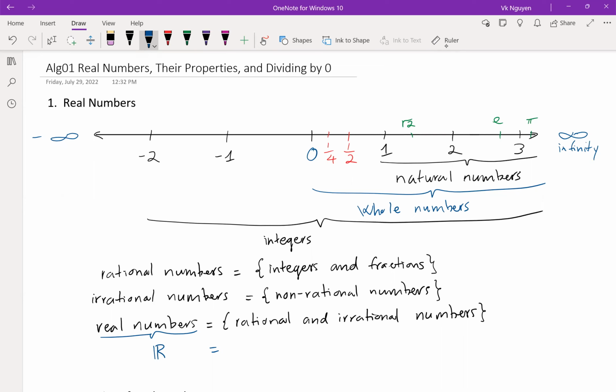So now we can write the real numbers as negative infinity to infinity. What this means is if x is a real number, then x is between negative infinity and infinity.